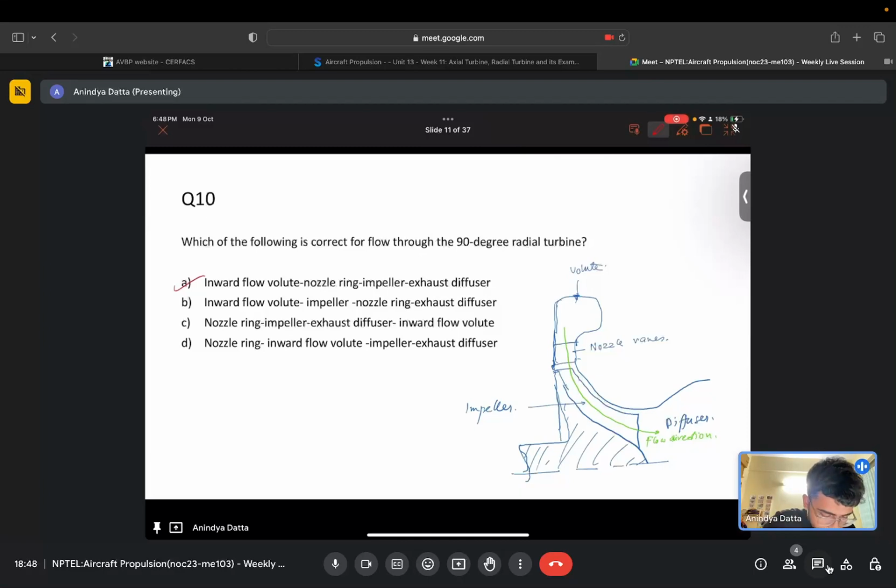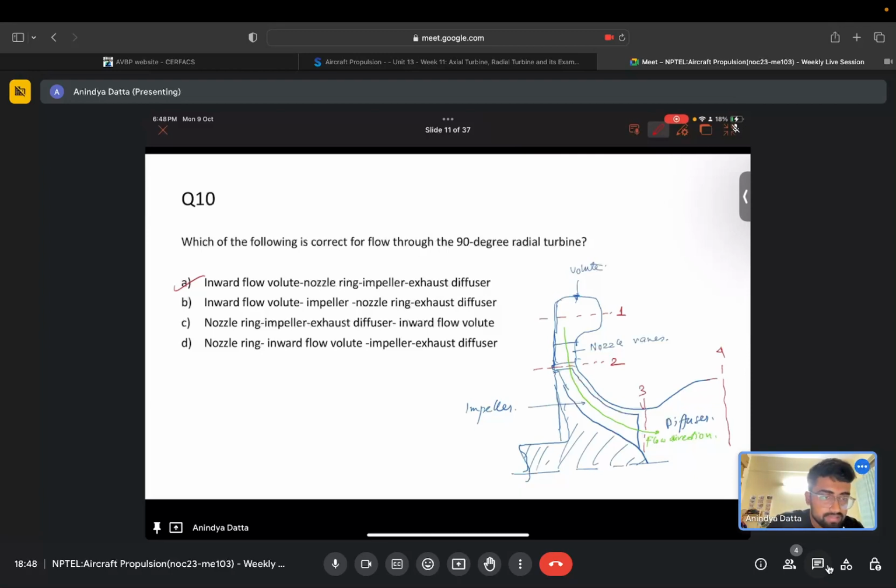Here, let's also label the station numbers. The volute, or the inlet of the nozzle, is 1, then you have 2, then here this is 3, and finally this is our 4. Now compare the numbering to the axial flow turbine.